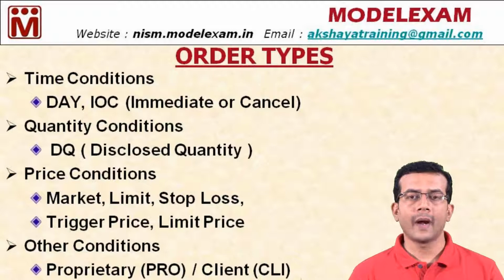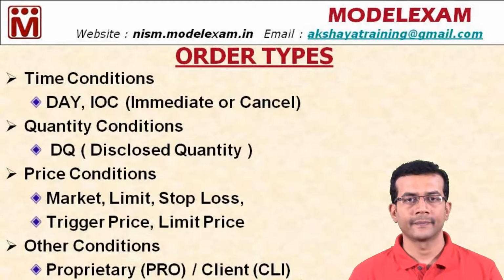Now if another participant sees that big order, he might think that okay, somebody has entered a very big order, so something is happening within that company, so I will also buy it. So traders will think similarly and they will also start buying, and the price of that particular share might start to increase.